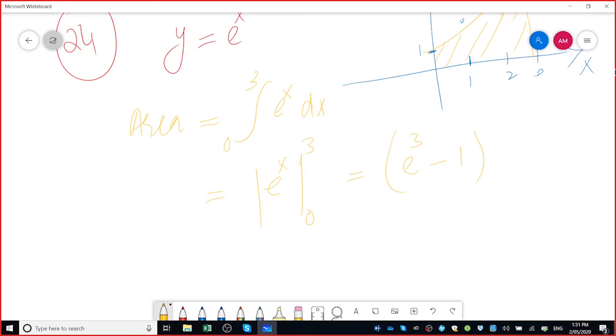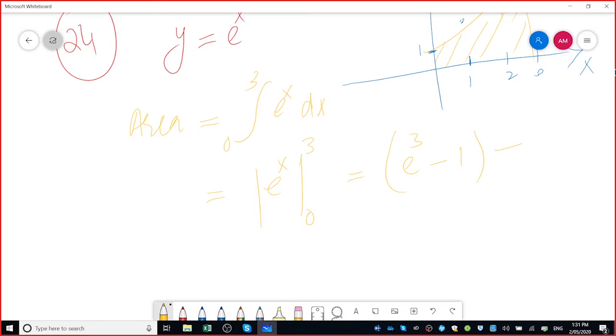So what is the value then? From the calculator. It says give the answer to 1 decimal place. So the answer is 19.1.